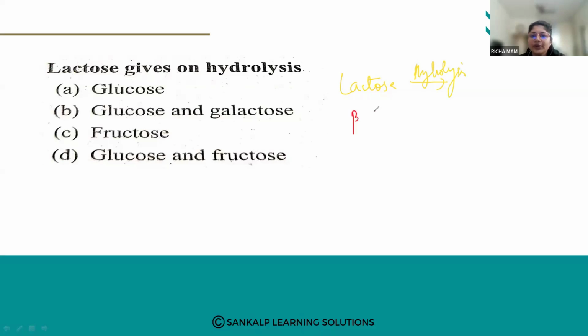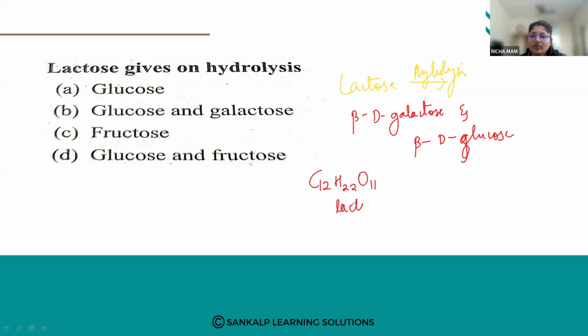It will give you beta D galactose and beta D glucose, and these are in equal amount. So both are in equal amount.